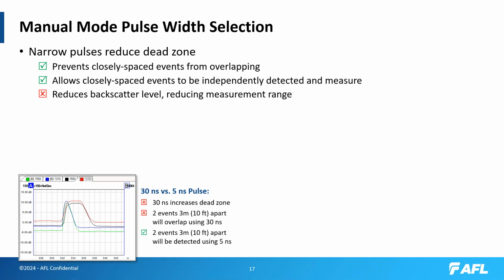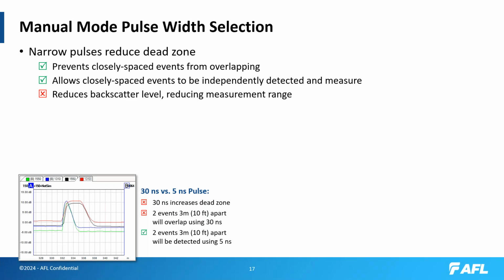With this, you can see that the 30 nanosecond pulse width will be longer than 3 meters or 10 feet. And so if you had two connections that were, let's say, only 2 meters apart, they would overlap in the reflection from the first connection, and it would extend out that peak due to the reflection before it dropped back down to the backscatter level.